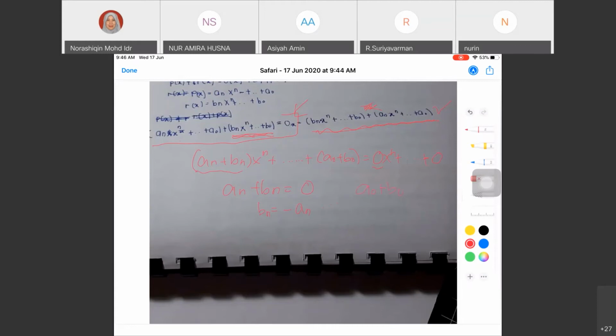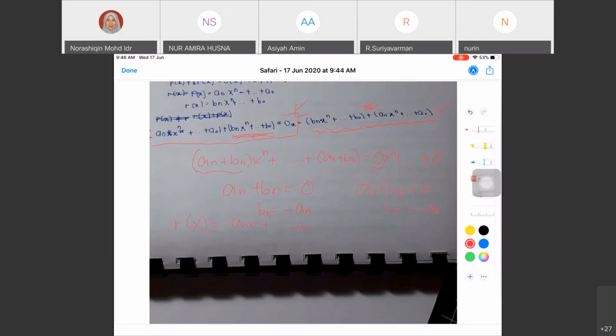What is b_0? Negative a_0. Yes. So our R(x) looks like this: negative a_n x to the n plus blah blah blah, negative a_0.